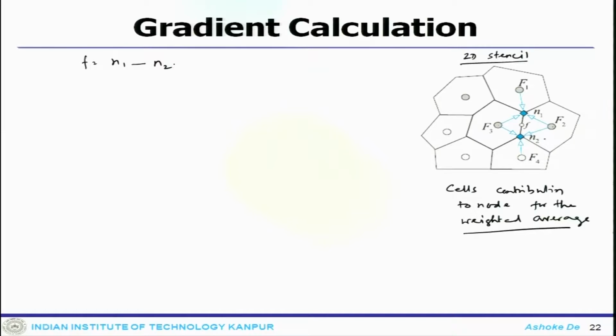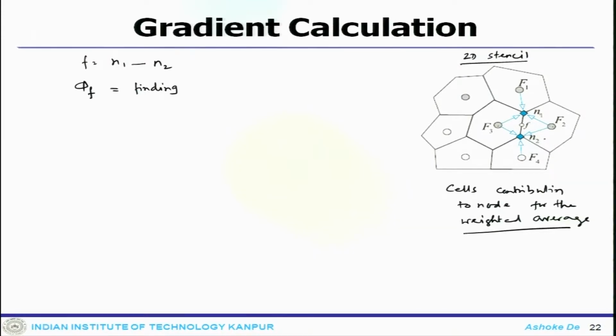Now what we need to calculate is the value of phi F. What we are interested in is finding the value of phi at the face F, which can be computed as the mean of the values at the vertices N1 and N2. So this essentially necessitates the estimation of the properties at the vertices. So far we have been dealing with a system where we were concerned about the values available at the cell center.